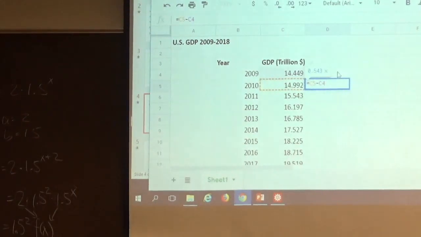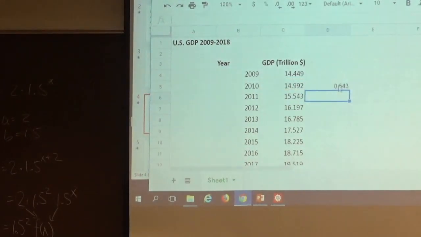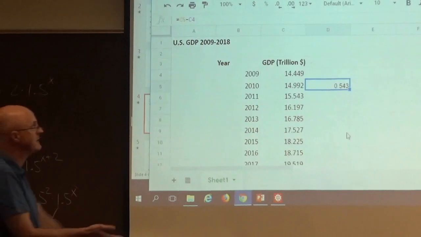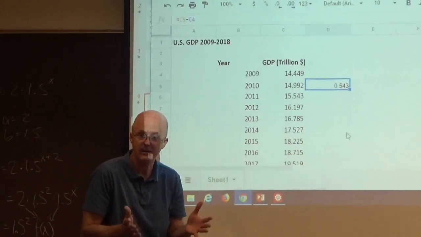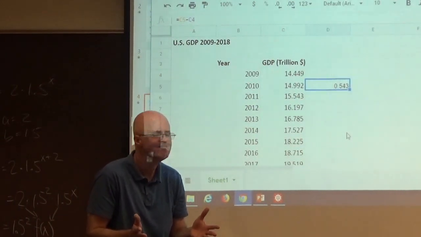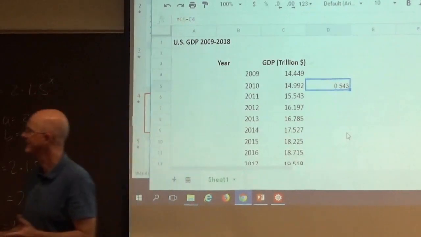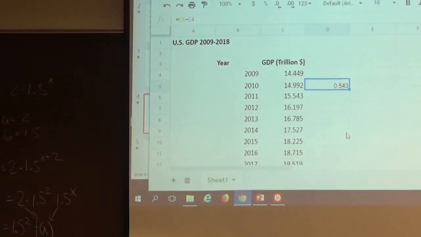And the magic about formulas in spreadsheets, once you enter this, is if I click and drag this downward for the other cells to do the other differences, it will automatically be the right thing. Let me show you. You can copy and paste, but you can also click and drag. Click and drag this downward.